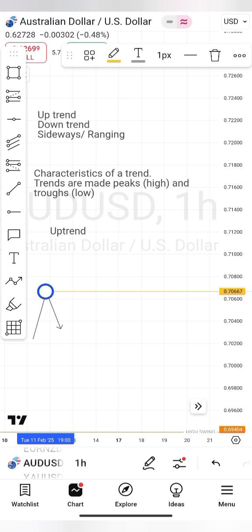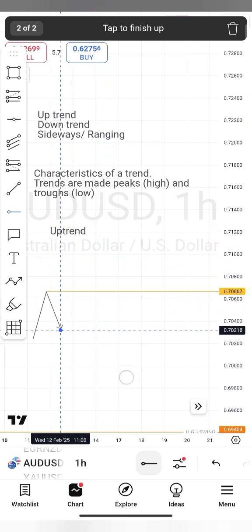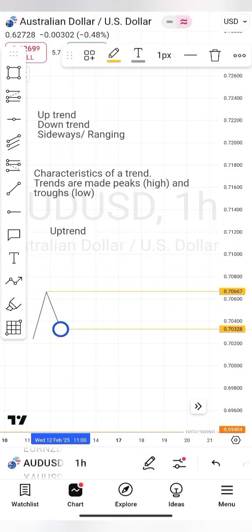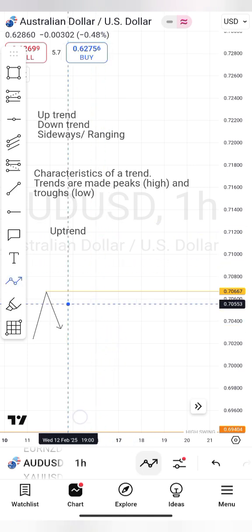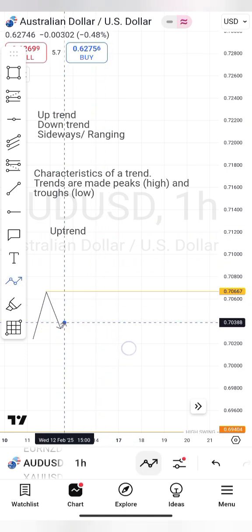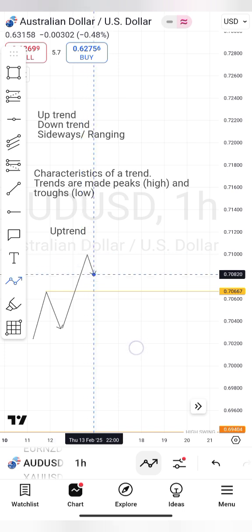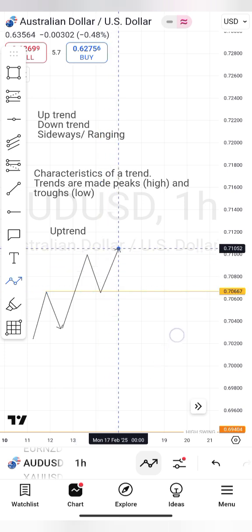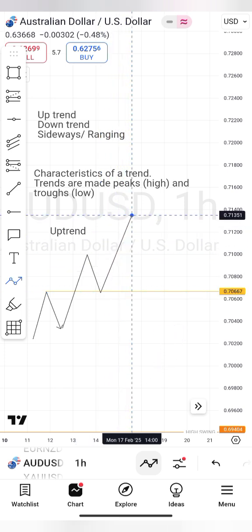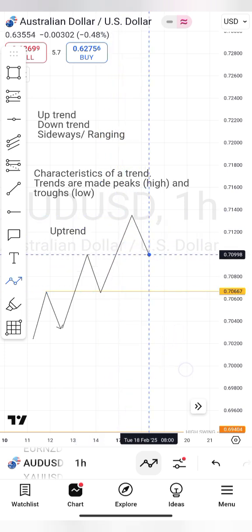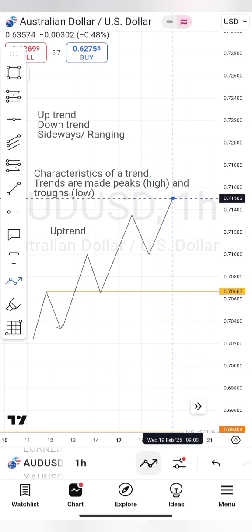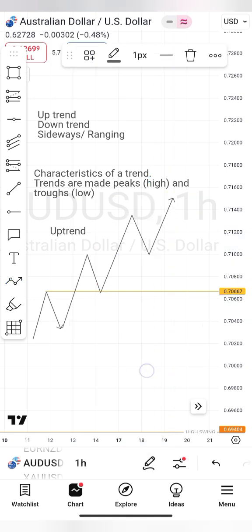And these points here, okay, it's not yet complete. Let me take this out. Okay, this is the ideal uptrend.